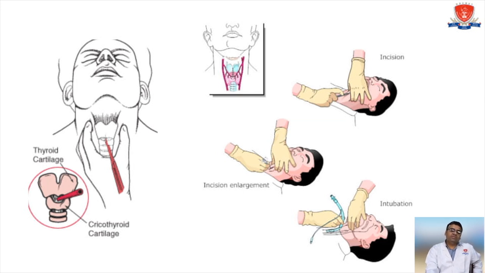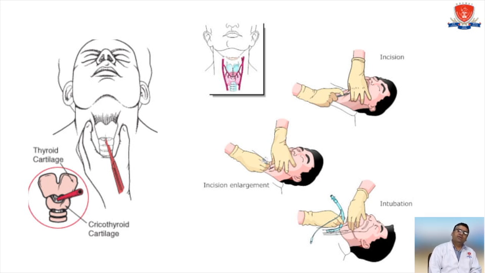So this is the procedure where we puncture the cricoid. First we feel the cricoid cartilage, and then we give either a vertical or horizontal incision. Then we dissect layer by layer and reach the trachea, and then we aspirate.